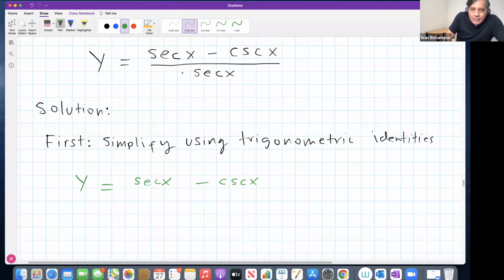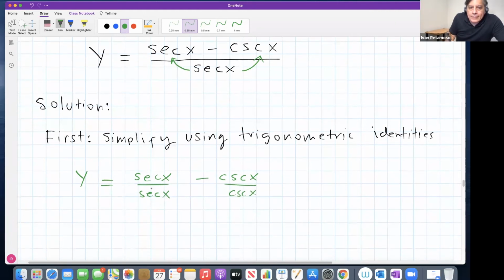But what if we divide this into this, and this secant into cosecant? This is 1. And it's good, the constant function is easy to differentiate. So this is good for us.